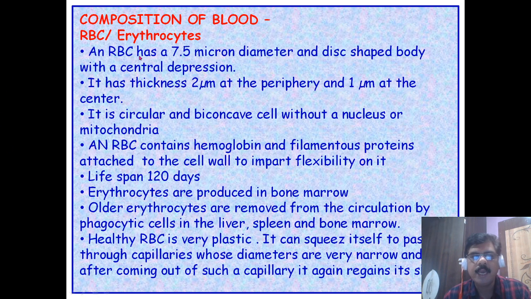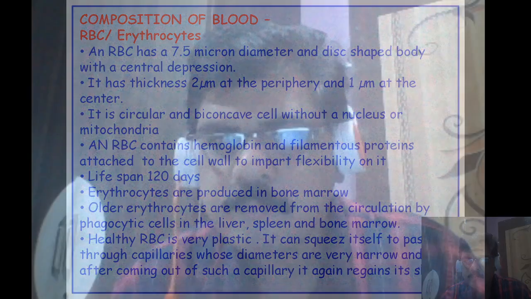The RBC or erythrocyte. The size of RBC is 7.5 micron diameter, a disc shaped body with a central depression. It has a thickness of 2 micrometer at the periphery and 1 micrometer at the center.